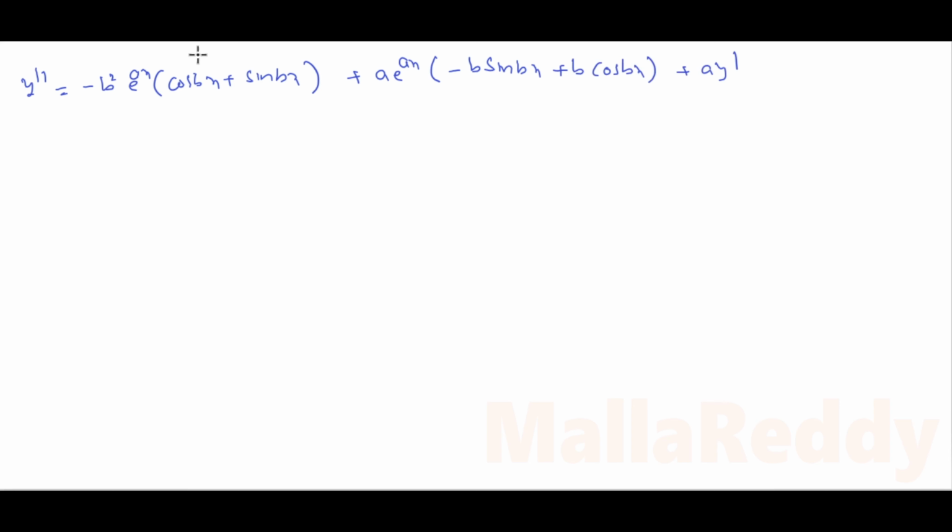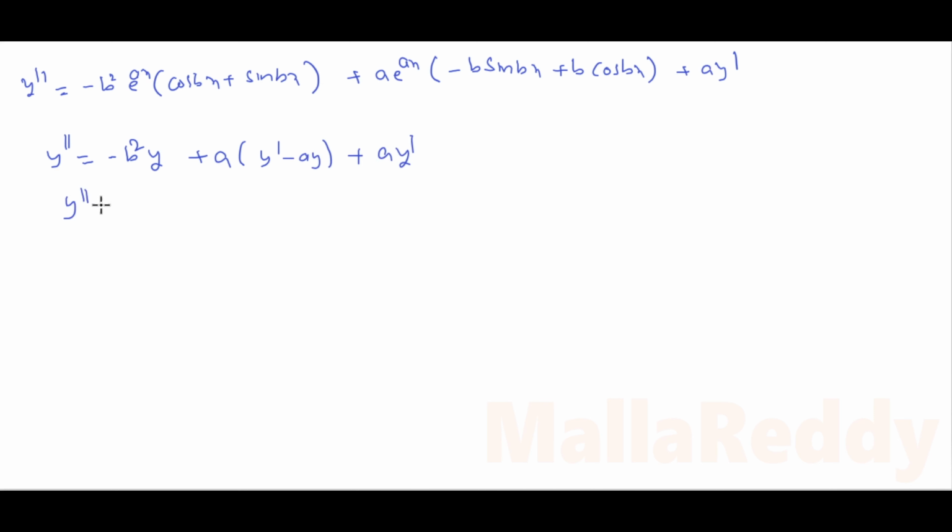From the problem, this value is y, that is y double dash is equal to minus b square into y plus a into e power ax minus b sin bx plus b cos bx. From the first derivative, this value is written as plus a into y dash minus ay plus ay dash.